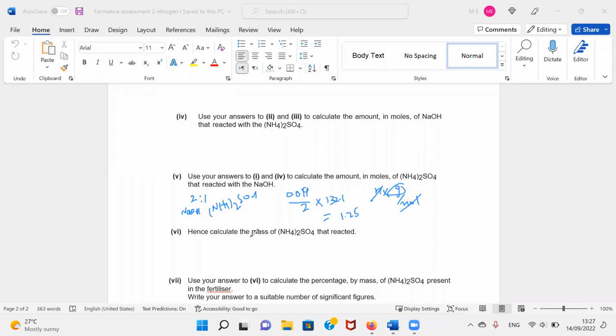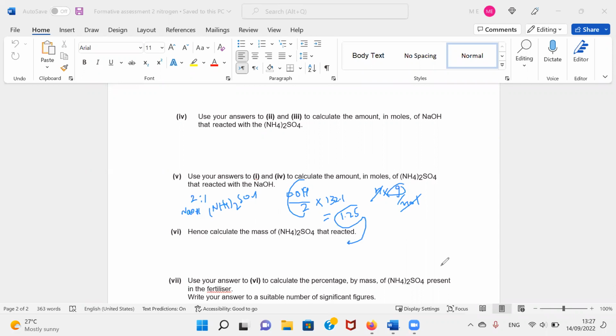Then calculate the mass that reacted. We did that already. So this calculation belongs to the number of moles, and this calculation here belongs to this part.